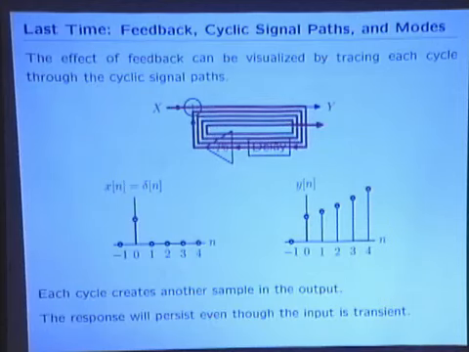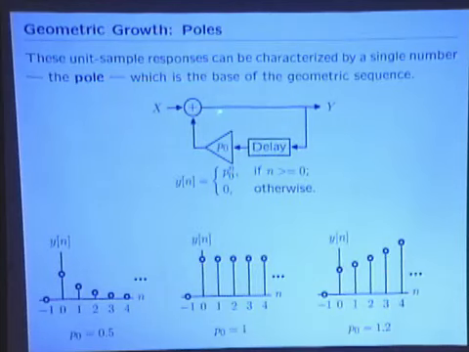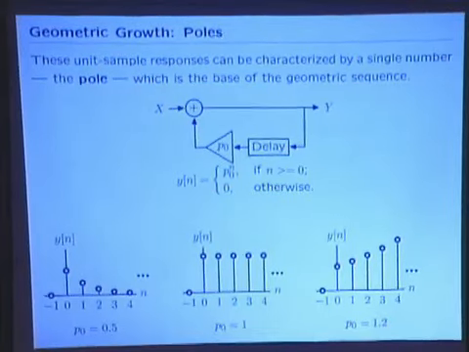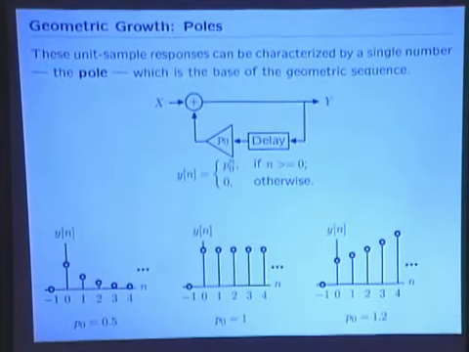So if we think about the simplest form that feedback could take, this is kind of the simplest system that you could imagine that has feedback. And you can see that the kinds of responses that you can get depend on this number p naught. That p naught characterizes the family of responses that you could get.